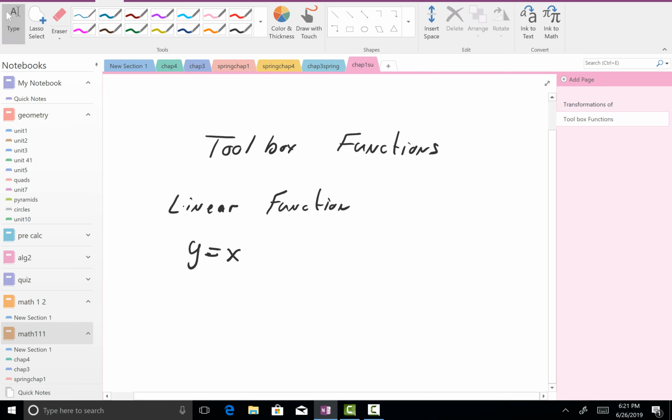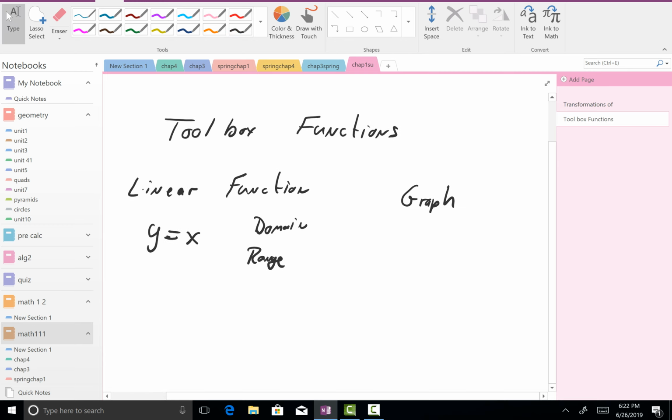What we want to do is, and I'm going to write the functions down for you. They are in your book, but I'm going to write them down for you. We're interested in what the domain is, what the range is, and then we're going to make a little graph of what it looks like. For instance, y equals x, I know what that is, you know what it is. We've got a line here.